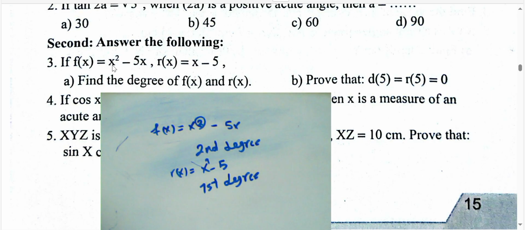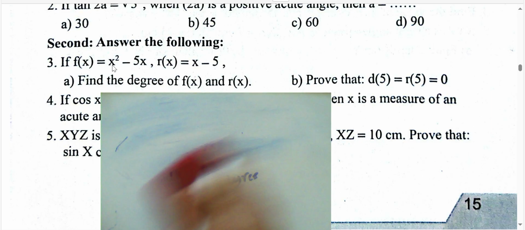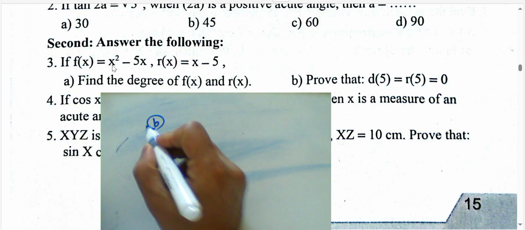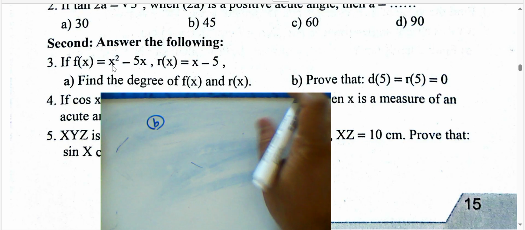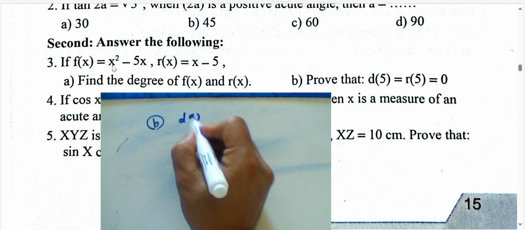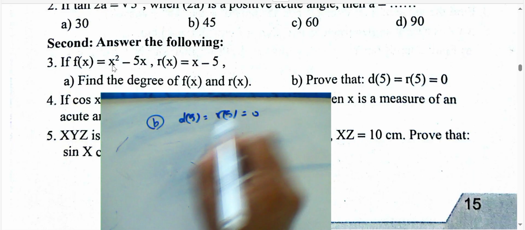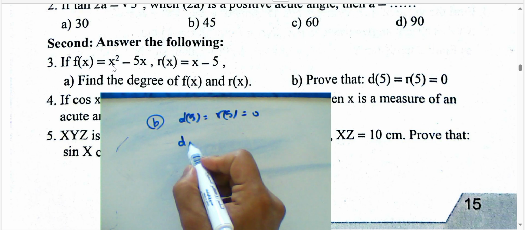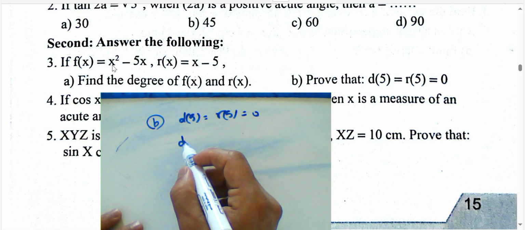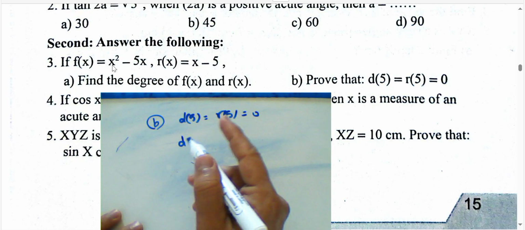Question letter B, prove that. We want to prove that f of 5 is equivalent to r of 5 equals 0. First, we find the function f.